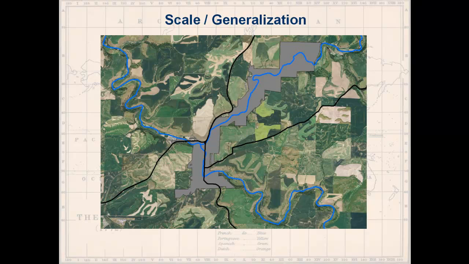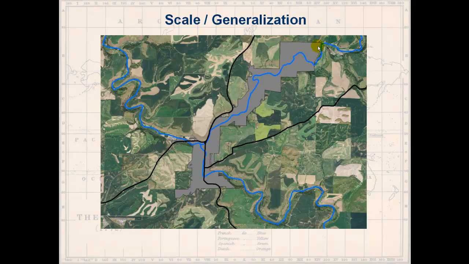So I showed this image earlier on when I was talking about the vector model, and this is an aerial photograph of the area around Colfax, Washington. And in my vector model, I've chosen to represent the streams as line features, and I've chosen to represent Colfax as a polygon. So this is the city limits of Colfax, Washington.